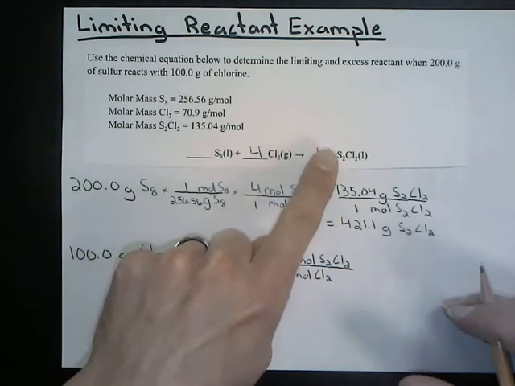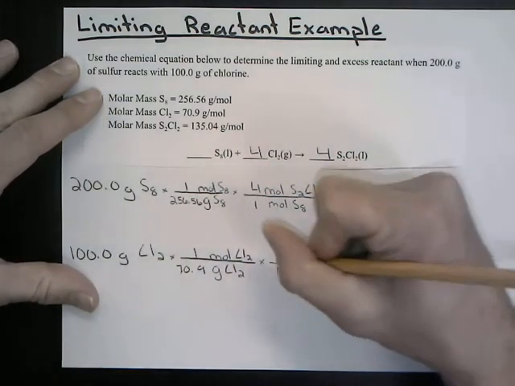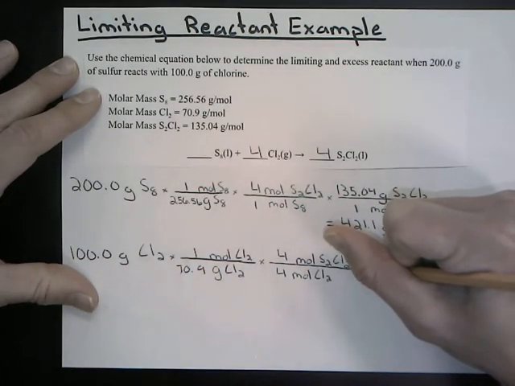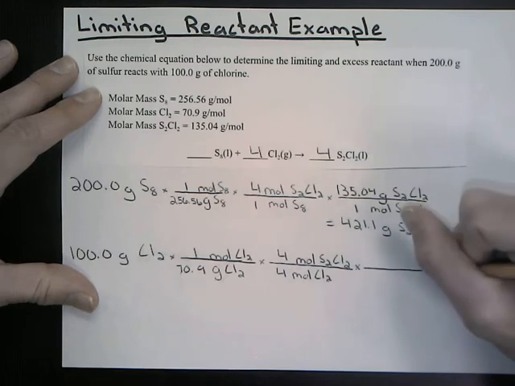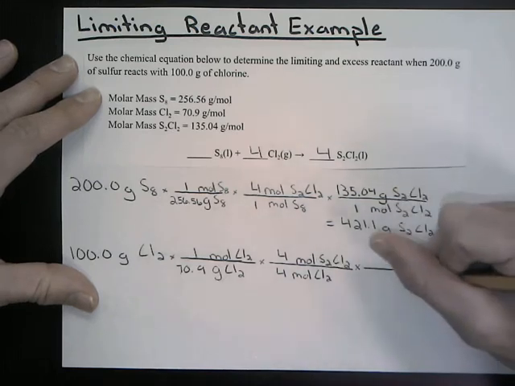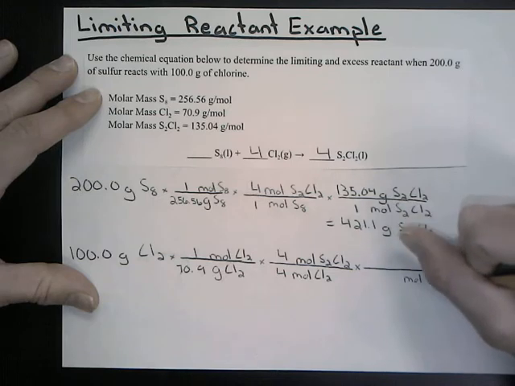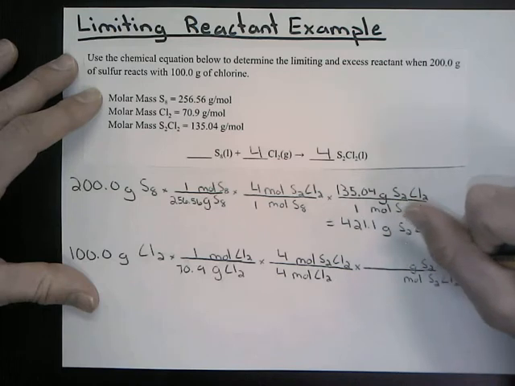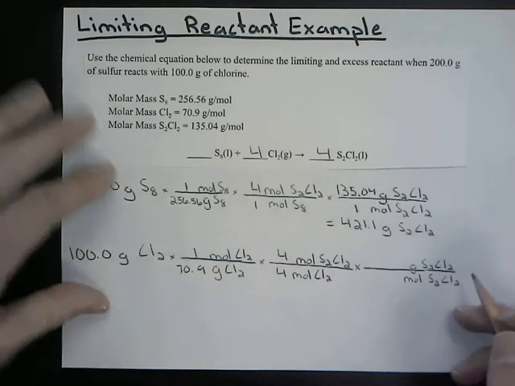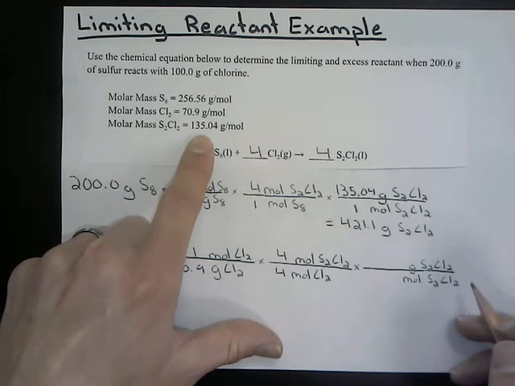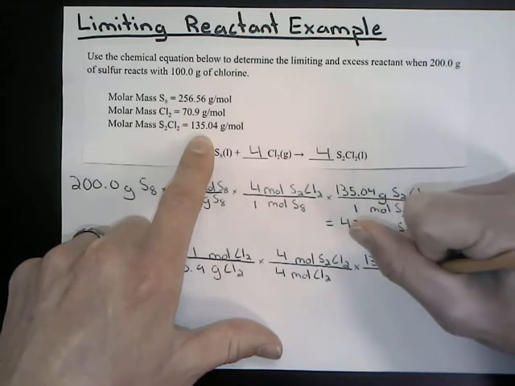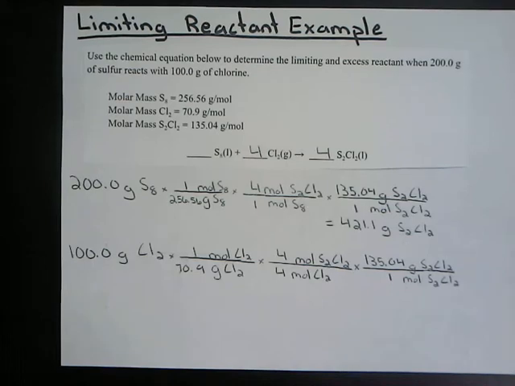And we also have a coefficient of 4 in front of S2Cl2, so we put a coefficient of 4. Now we need to get it into grams of S2Cl2. So we cancel out moles of S2Cl2, and we put grams of S2Cl2 on top. Now, gram over mole, we turn to the molar mass of S2Cl2, which is 135.04. That number is associated with grams, and that's for every 1 mole.